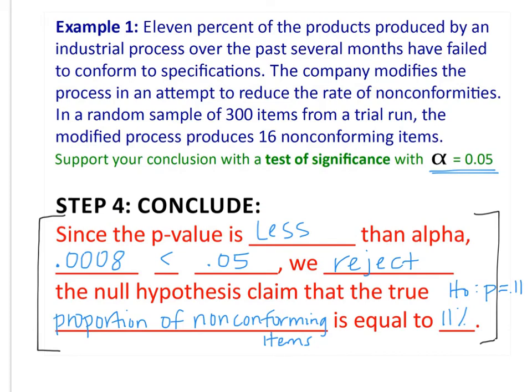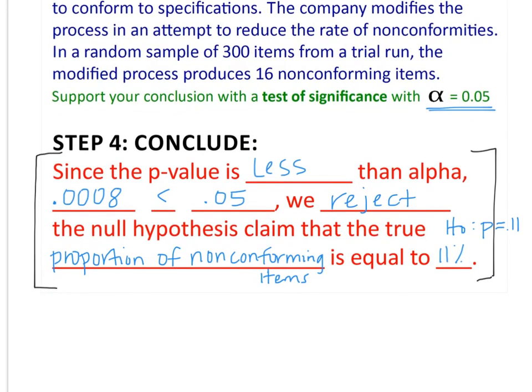If you want to write this kind of in parentheses below, you can't say this out loud, but you can say it in your mind. We believe the alternative is true.